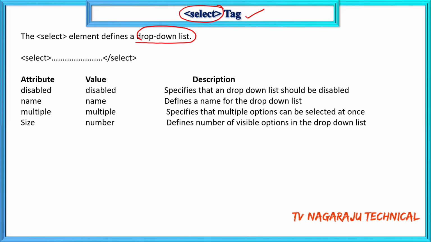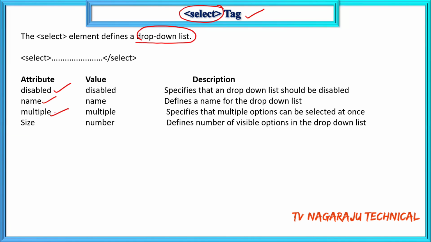What are the main attributes? Disabled: you can disable the drop-down list. Name: the name of the drop-down list, for JavaScript validation purposes. Multiple: generally, only one option can be selected.